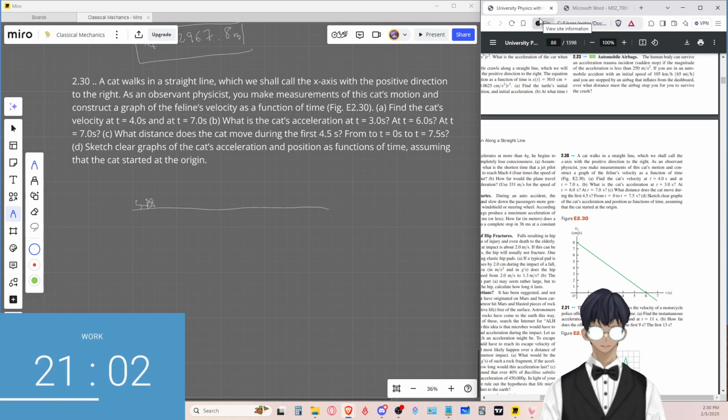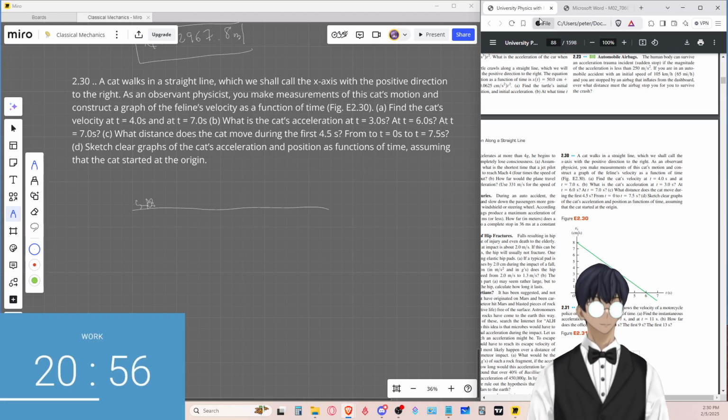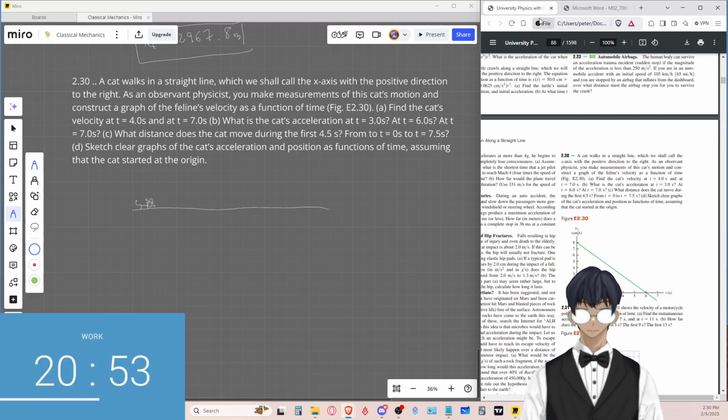Okay, so we have a graph here, and this is supposed to be graphing the velocity. So we have the graph next to us. Now, let's see. Find the velocity of the cat at 4 seconds and at 7 seconds. So 7 seconds, it looks like it goes below the graph.